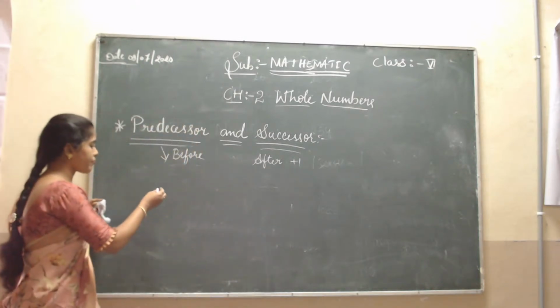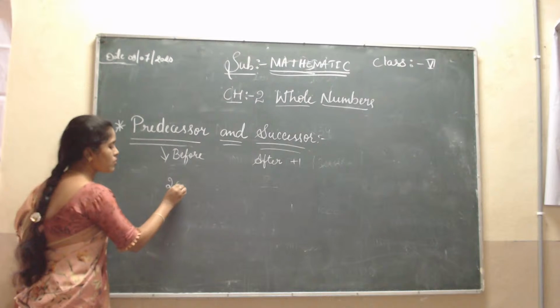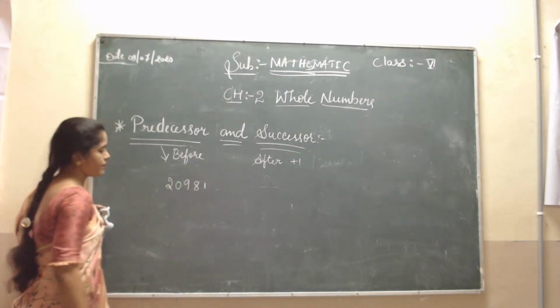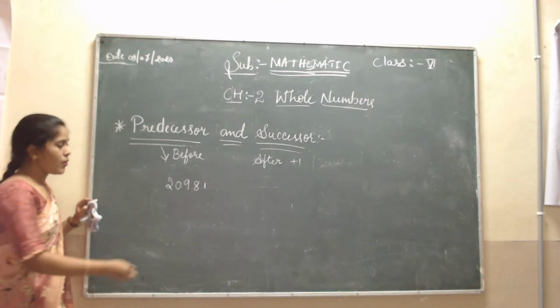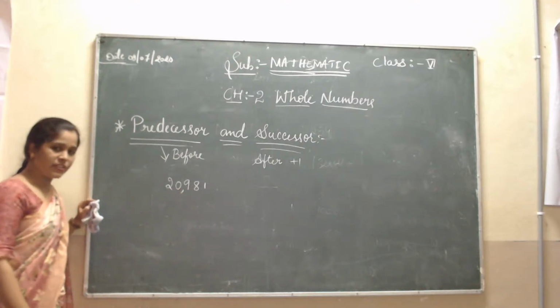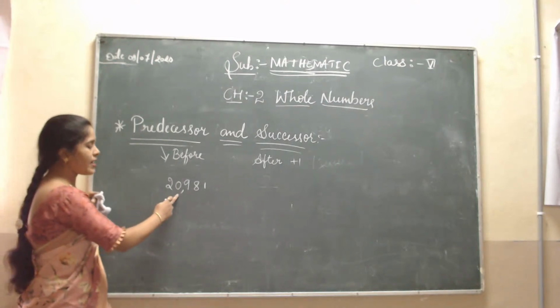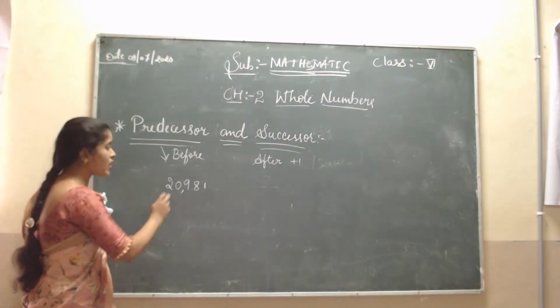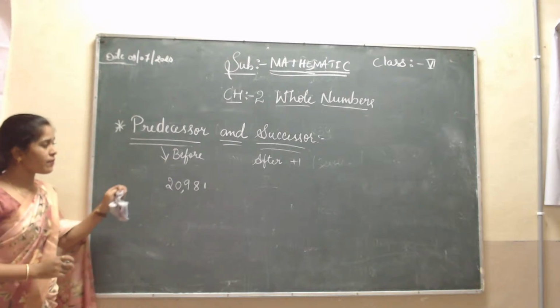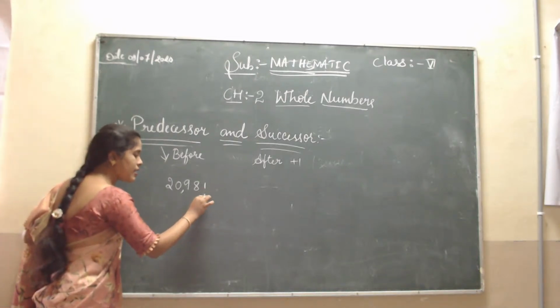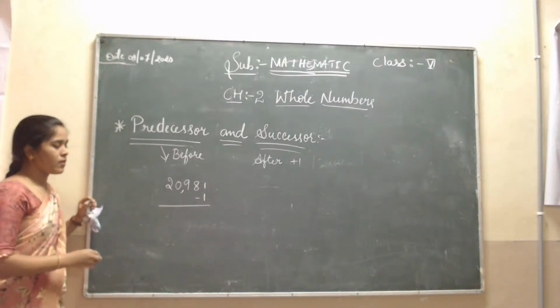See here, 20,981. This is our number, and we need the predecessor of 20,981. What should we do here? Subtract 1, because we are finding the predecessor of this number.